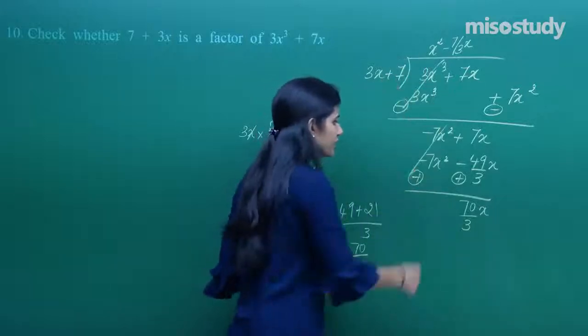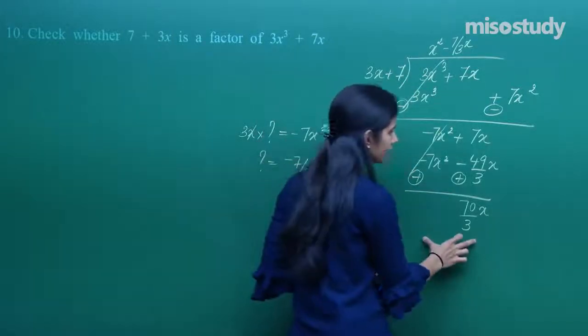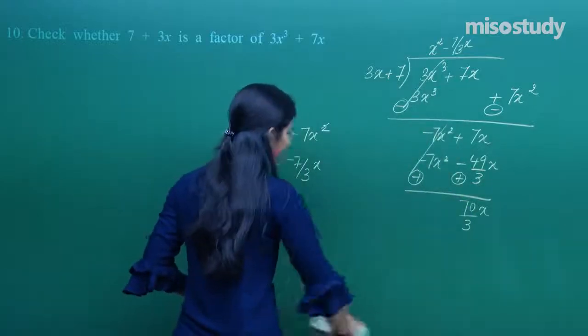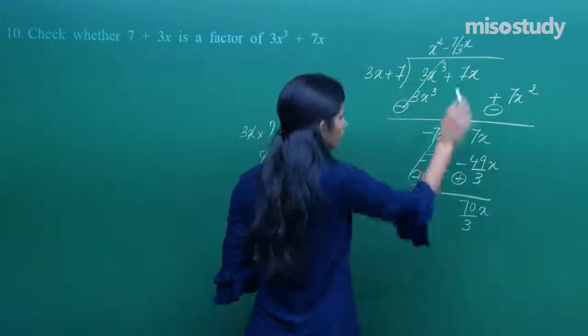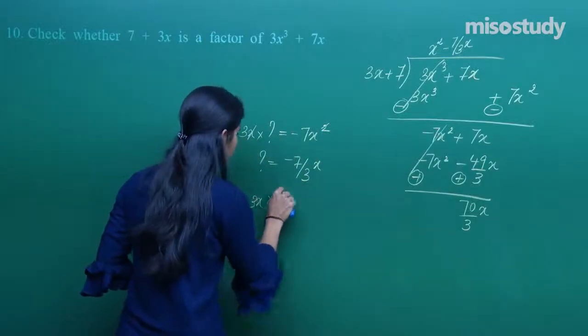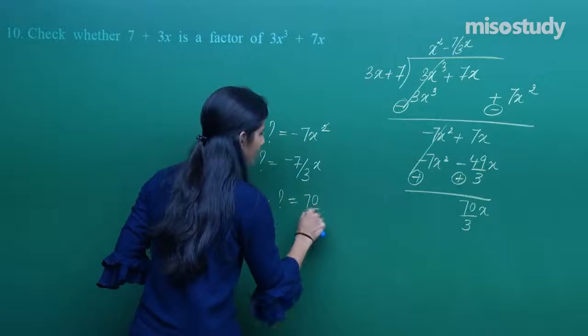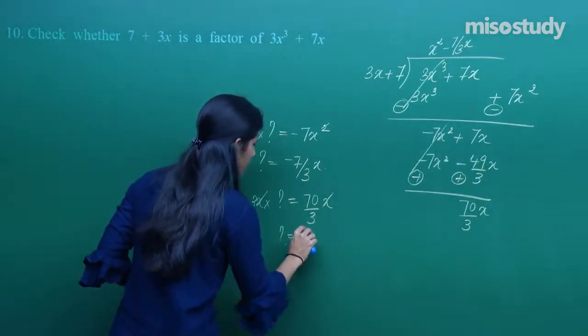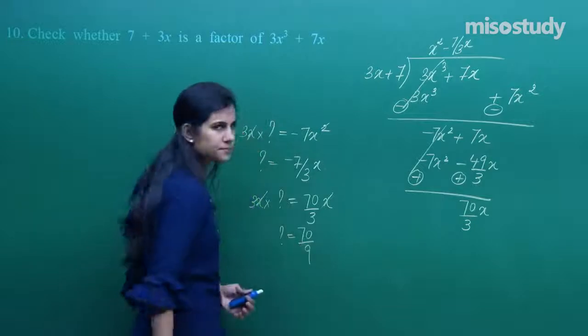3x into what will give me 70 upon 3x? See, I want in the remainder an expression which is free from x. I am searching for 0, right? So 3x into what will give me 70 upon 3 into x? X cancels out. You get question mark is 70 upon 9.